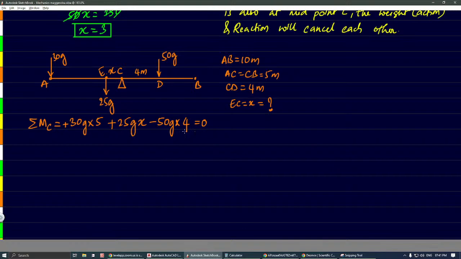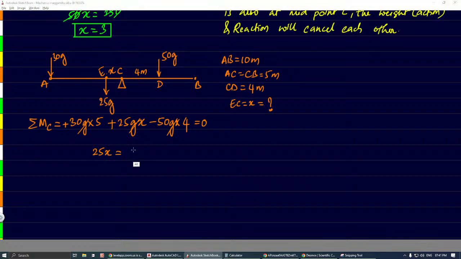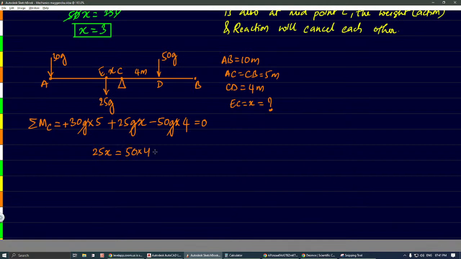Now here again G is present in each of the terms, so G can be taken common, sent to the other side. So 25x will be equal to 50 times 4 minus 30 times 5.